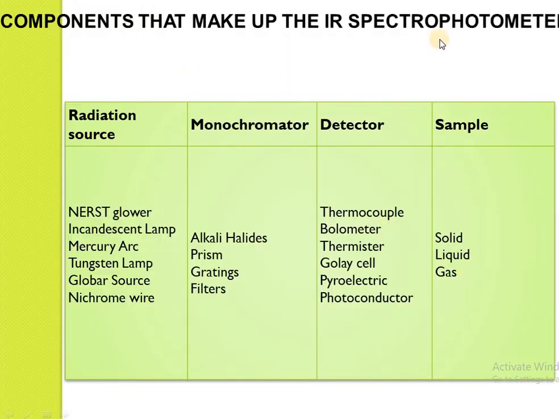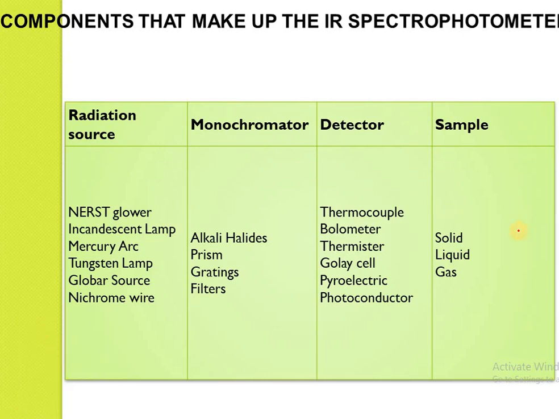Mainly the components of this IR spectrometer are the radiation source, then the monochromator, then the detector, and mainly the sample. In this spectrometer, the sample can be solid, liquid, or gas.